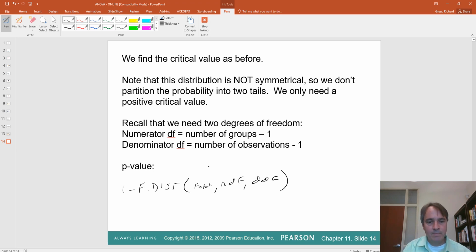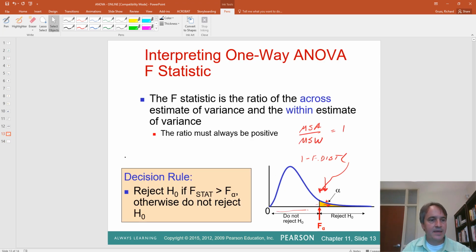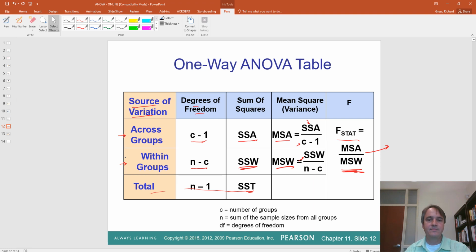Now, one thing to note about this table: something I've done in the past is give a table that was only partially filled in, and then the question was to finish filling in the table. You can do that now, knowing what you know.